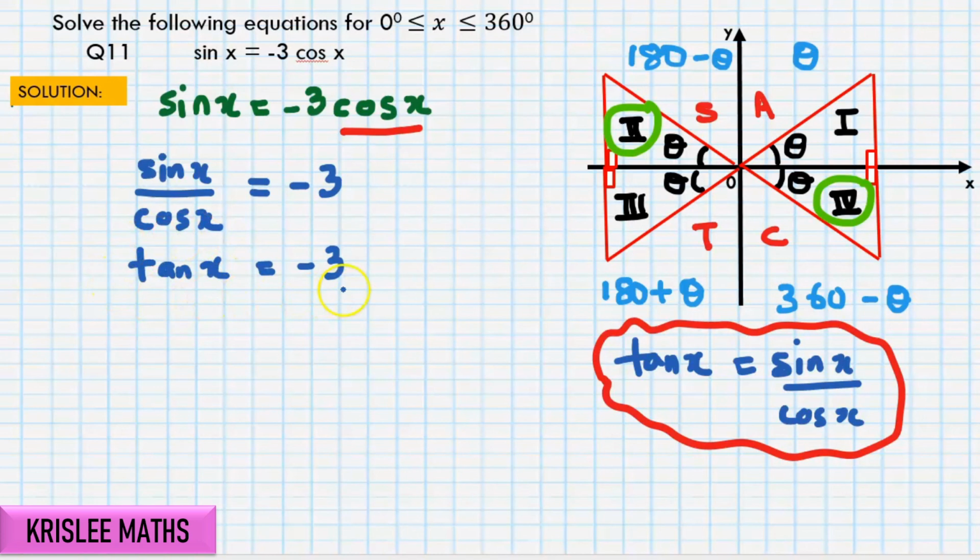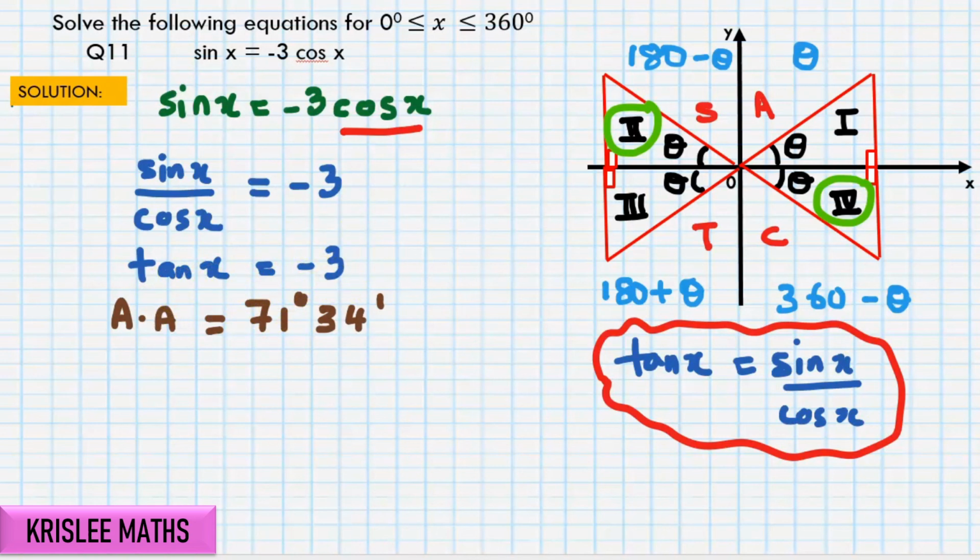Once you have reached this step, you can find the acute angle. The acute angle for this case will be 71 degrees 34 minutes. Now remember how to find the acute angle: shift tangent of 3, just take the positive value.